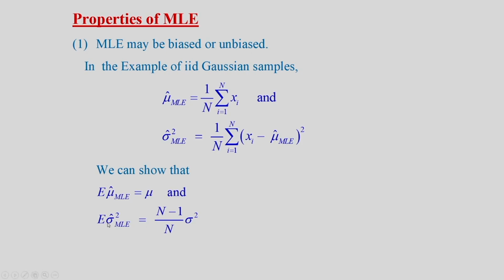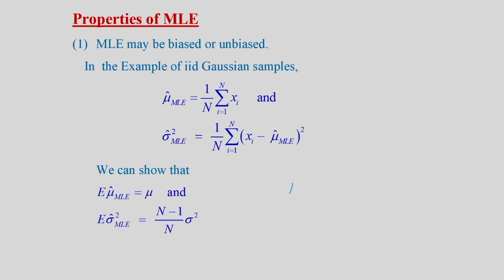Now, if I take the expected value of sigma hat square MLE, in the same way I can expand this and take the expected value, and I can show that this expected value is equal to n minus 1 divided by n times sigma square. This is not equal to sigma square, therefore sigma hat square MLE is a biased estimator.